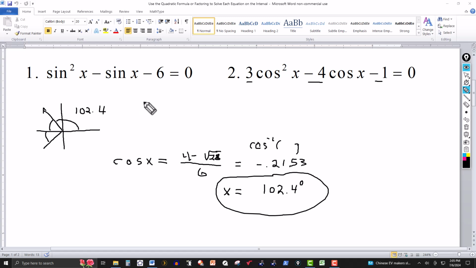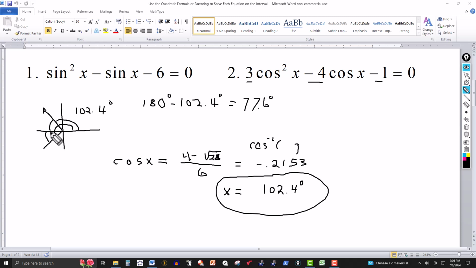So basically what I do here, I take 180 degrees minus 102.4 degrees. I subtract these two angles, and that gives me this angle here, which is the reference angle: 77.6 degrees. So the second angle that's going to work, that gives me that negative value, is this one right here.